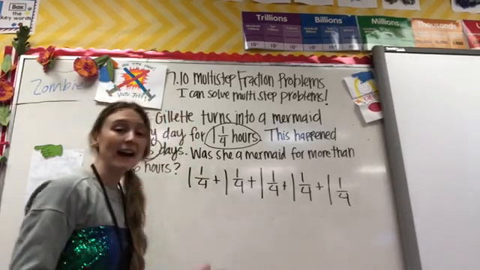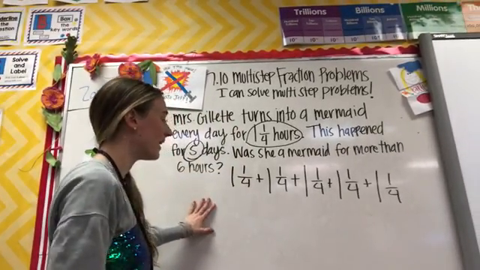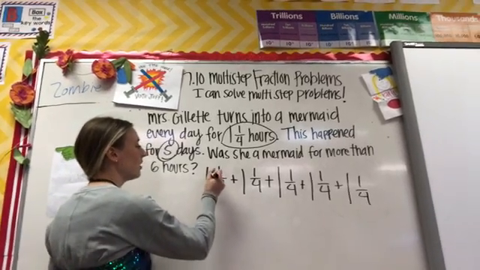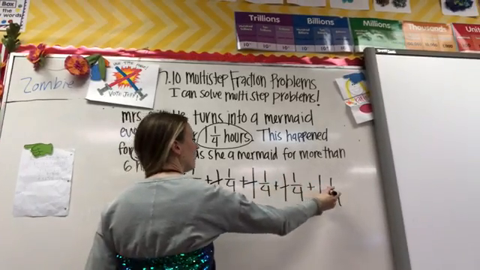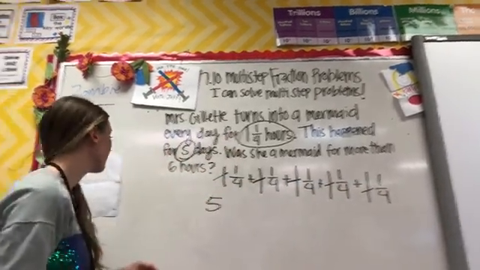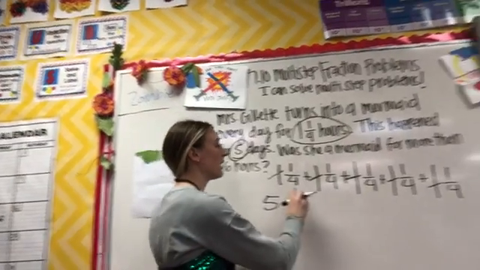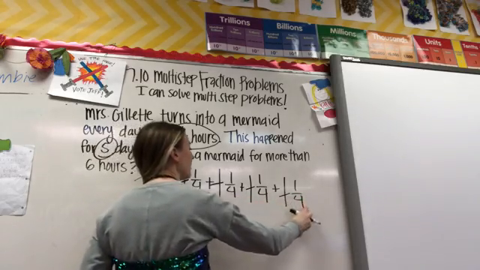So let's add them. We know how to do this, right? Let's give it our best shot. Let's add the whole numbers first. We have 1, 2, 3, 4, 5. So all of my whole numbers together equal 5. Now, let's go ahead and add all of my fractions. We need to add 1/4 plus 1/4 plus 1/4 plus 1/4 plus 1/4.